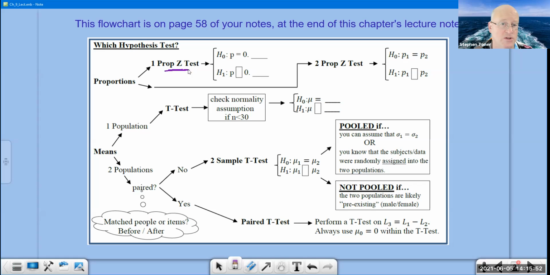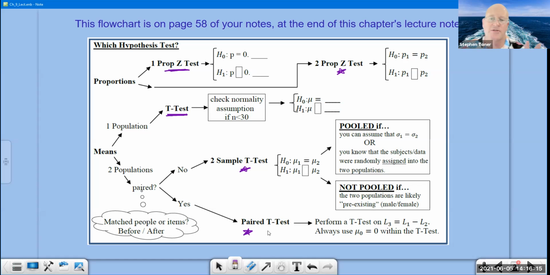That was in the previous chapter. We also know about the t-test. That was in the previous chapter. But the two proportion z-test, that's in this chapter. The two sample t-test, where you'll have to decide on pooling or not pooling, as well as something called the paired t-test, are all going to show up in this chapter now.